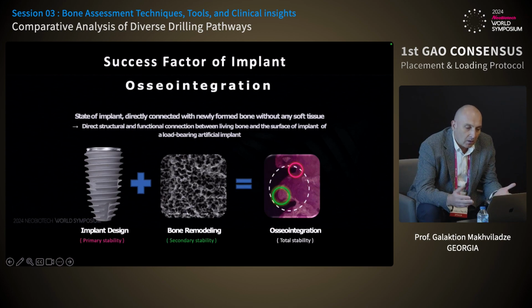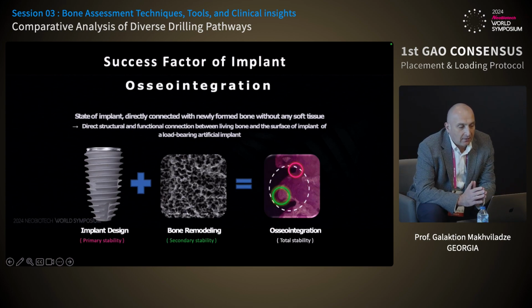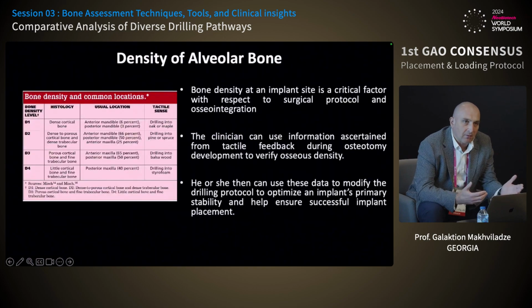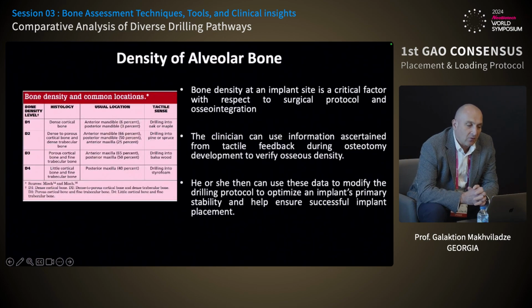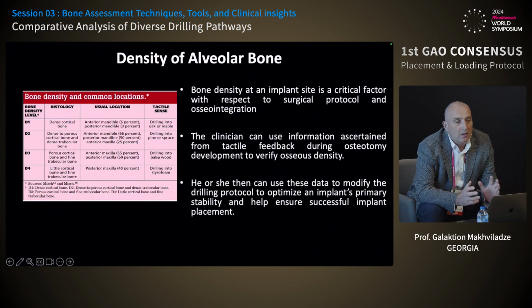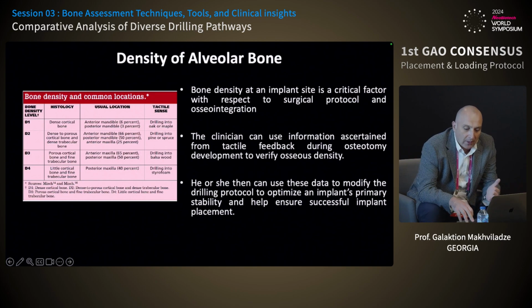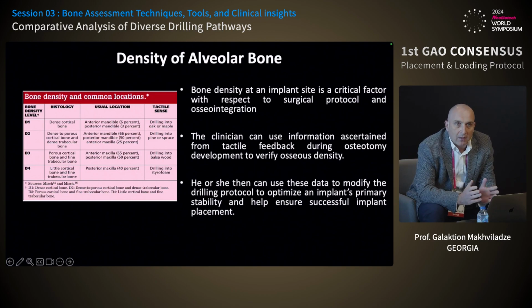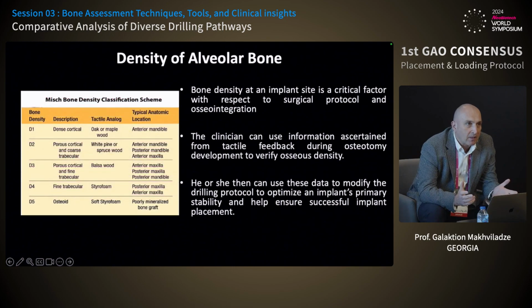So let's briefly go through the density of alveolar bone, as was mentioned previously by my colleagues in their presentations. We have the usual, conventional classification of D1, 2, 3, 4, and even nowadays we are talking about D5 bone density.